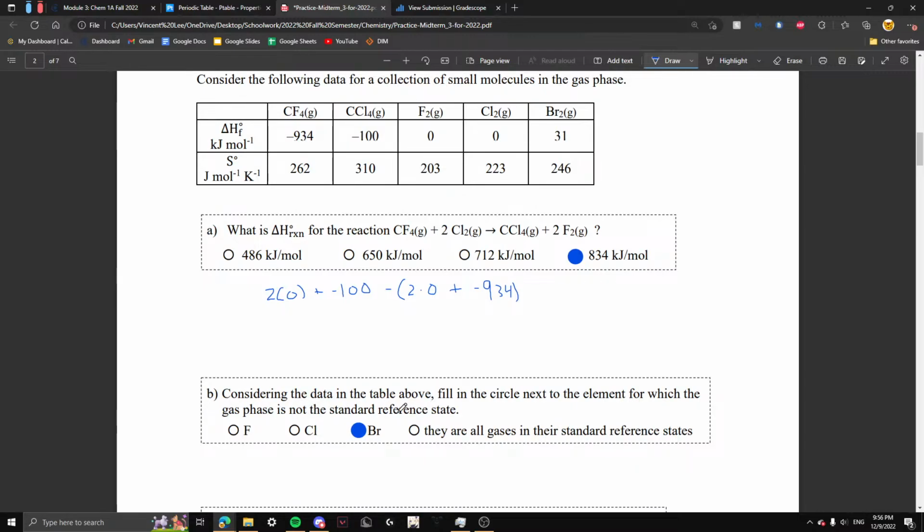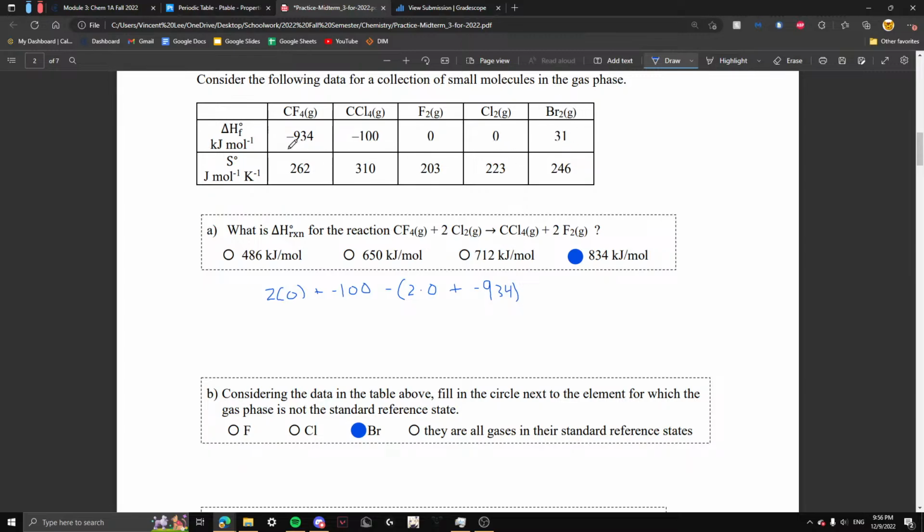Next, it's asking for which is not in the standard reference state. We know something's in the standard reference state if delta HF is 0. So the only one of these that is a non-zero delta HF is Br2. A good way to think about this is that if it's 0, then at rest, this molecule is perfectly happy being itself, right? It exists naturally.